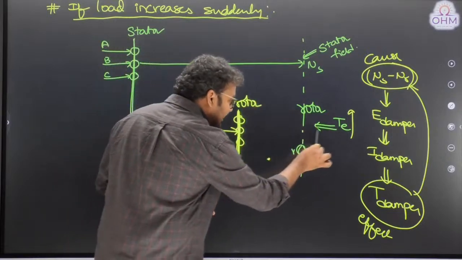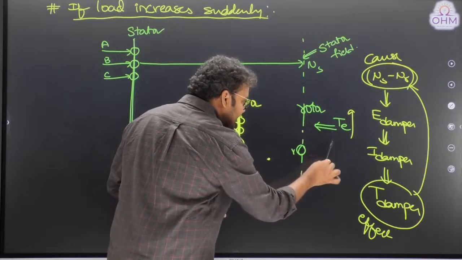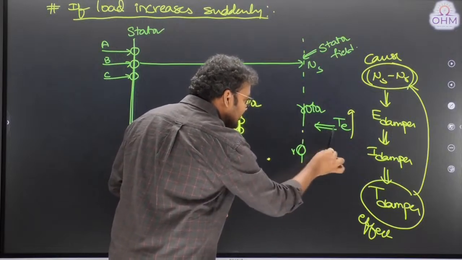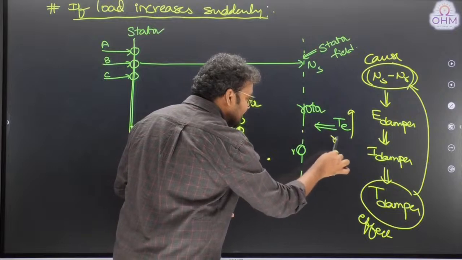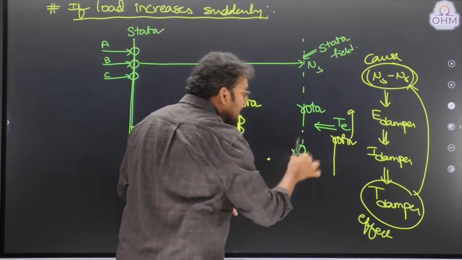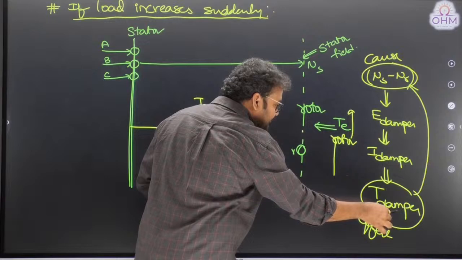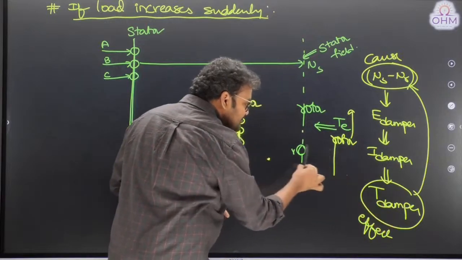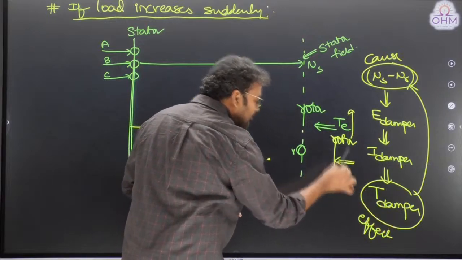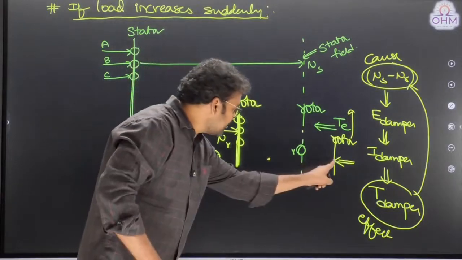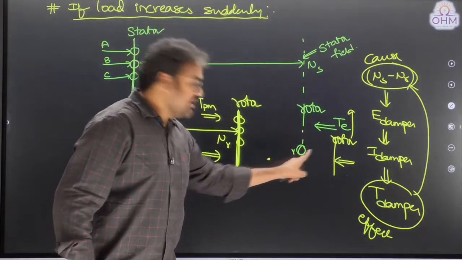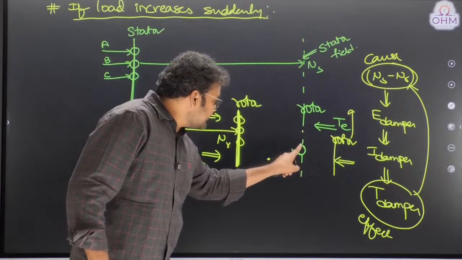The moment the rotor accelerates beyond synchronous speed, again a relative speed is created between what and what? Stator field and rotor conductors. And that relative speed will again create damping torque from the damper winding. The damper winding will try to reduce this relative speed. This time the damper winding will oppose the rotation. Then only will the rotor come back to synchronous speed. But the rotor will not come to synchronous speed and stop here.